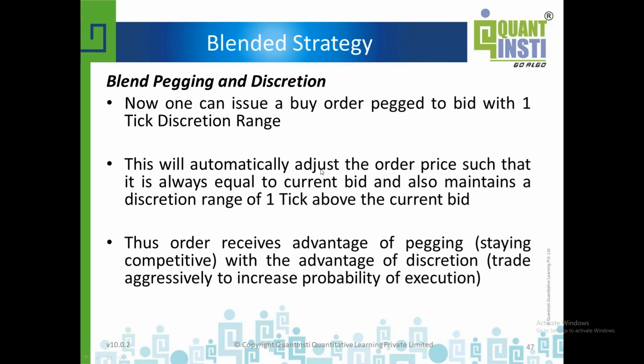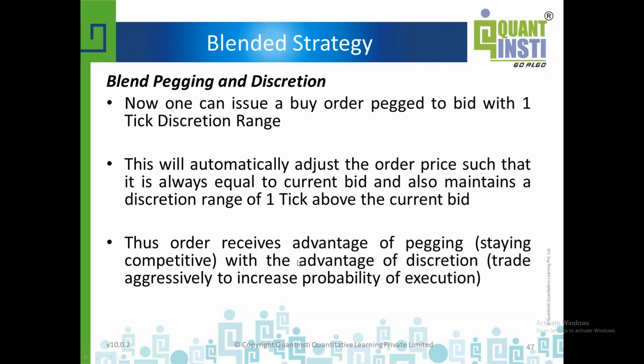So I will blend the pegging and the discretion together, right? What this will do is adjust my order price such that it is always equal to the current bid plus the offset, and in this example it is taking a discretion range of 1 tick, so 5 cents, right?